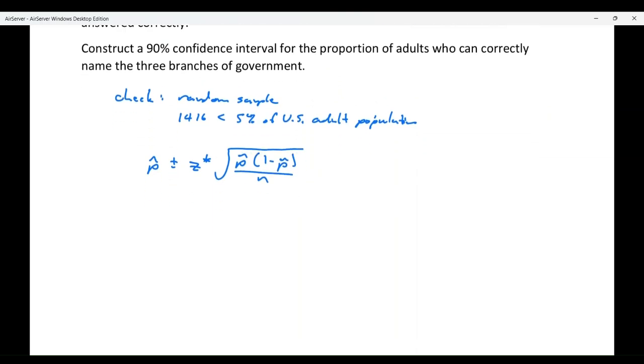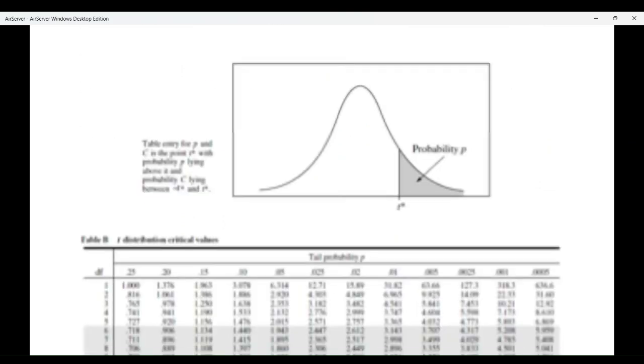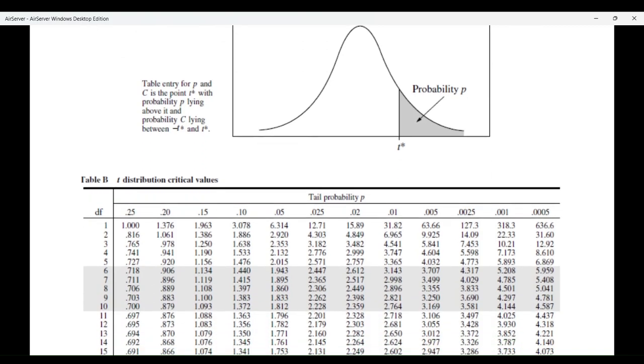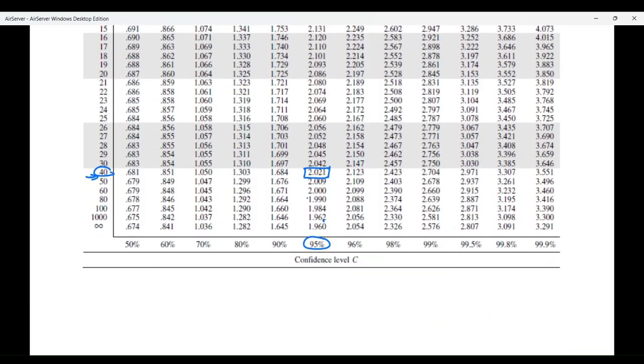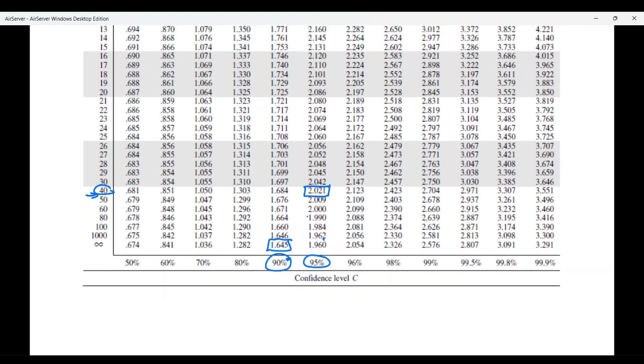So we're going to take 0.36 plus or minus z star. This is where we have to go back to that same table that we've been using. And so in this case, if I want a 90% confidence interval, now I'm looking at 90%. And again, for z, we go to that number right above it, 1.645. So that's what we're going to use for z, 1.645.